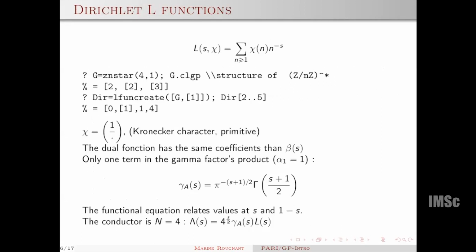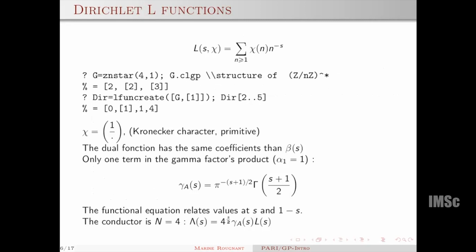So if you want the L function attached to a Dirichlet character, you first have to generate this character. For that, you look at znstar of 4 with 1, which means that you are looking for (Z/4Z) star. The 1 here is an optional argument that gives you the class group, I mean the structure of this group.